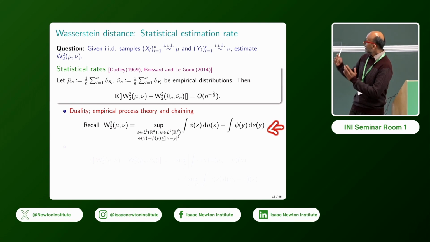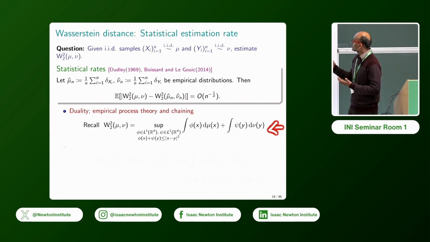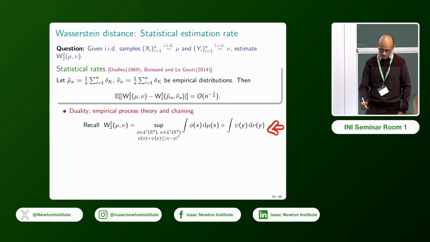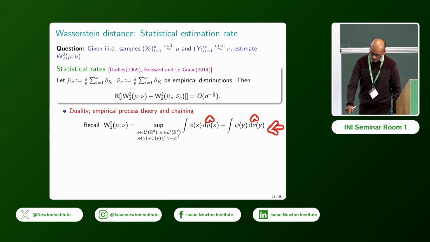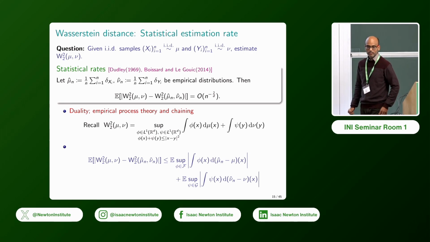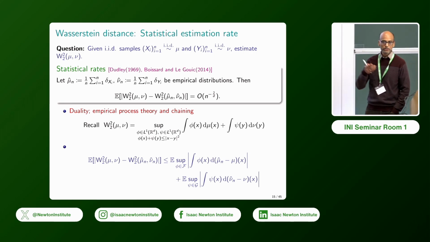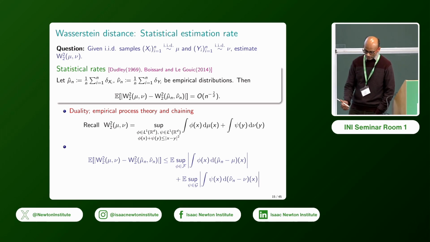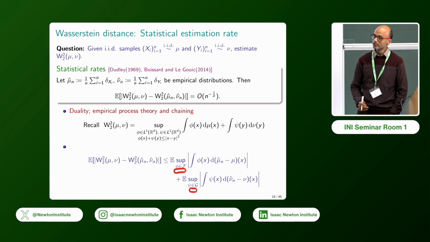Once we have the dual representation, if I want to estimate the Wasserstein distance based on the samples, all I have to do is replace the measures with the empirical measures. Then do the routine calculations, and by the triangle inequality you can write this as the expected supremum of an empirical process indexed by certain function classes F and G.